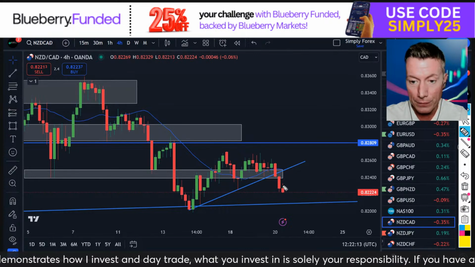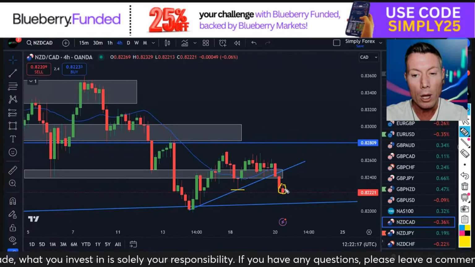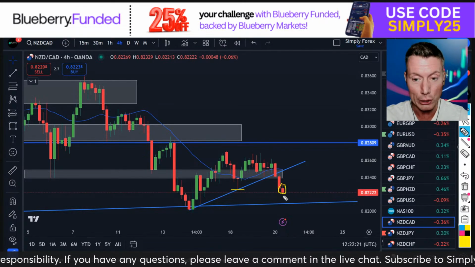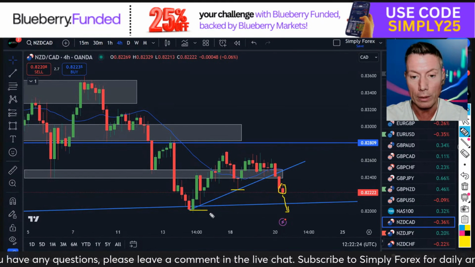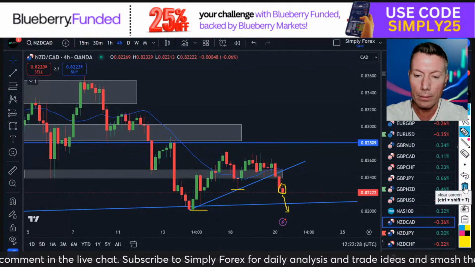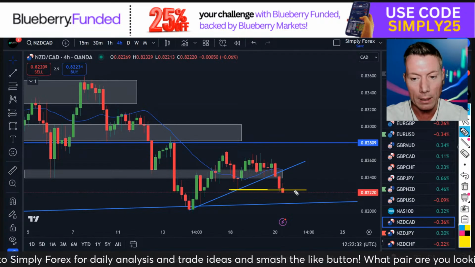If this H4 candle stays broken below this level, I will get out of this trade early. To be honest, I'll probably hedge it down to here and see what price does. Right now, that's where I'm at with this trade.